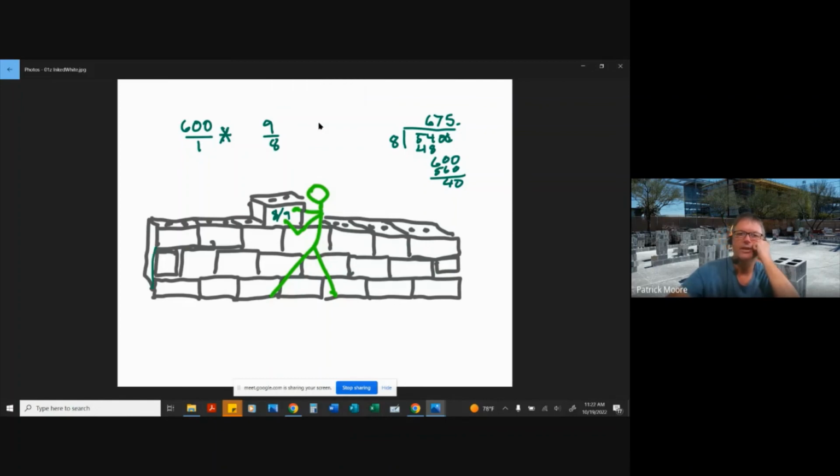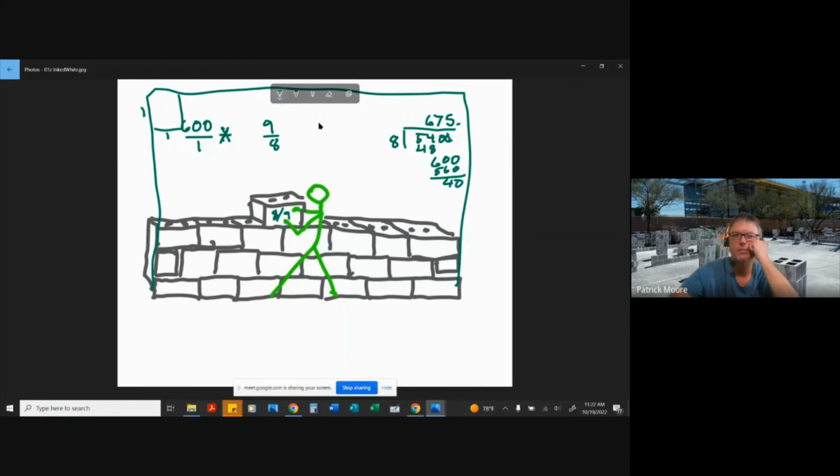If this wall was filled up with 1 foot squares, 1 by 1, there would have been 600 of them because it's 600 square feet. We know a block is a little bit less than a square foot, so we know we're going to need more than 600 of them. In fact, that is what we found out, just a little bit more, 675.